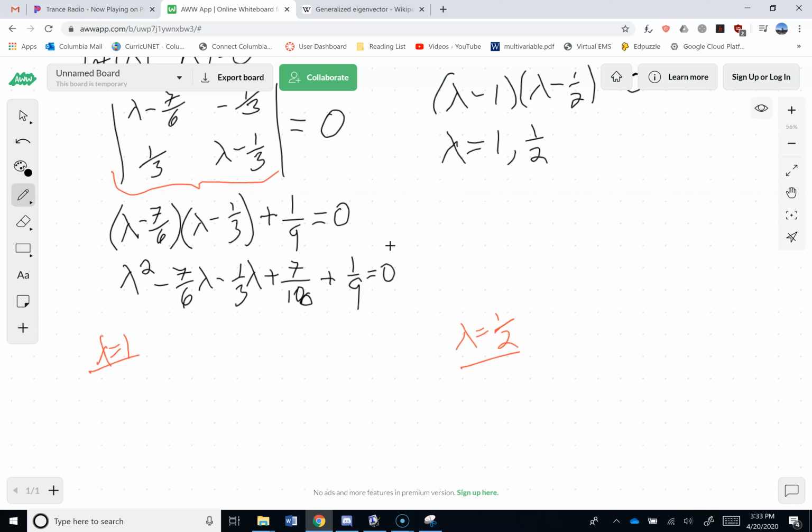Okay, so when lambda is 1, I have a matrix that looks like 1 minus 7/6 is minus a sixth, and minus a third, and a third, and 1 minus a third is 2/3.